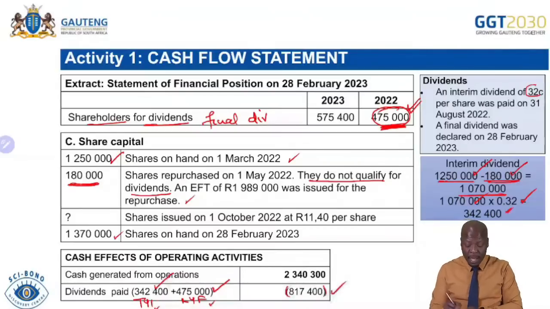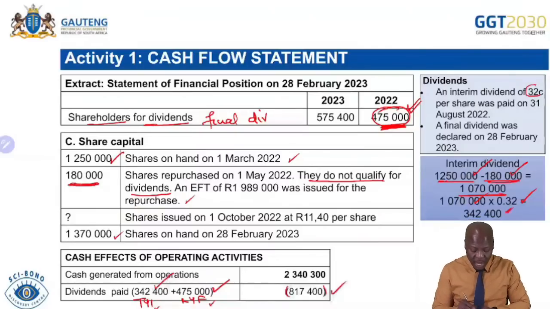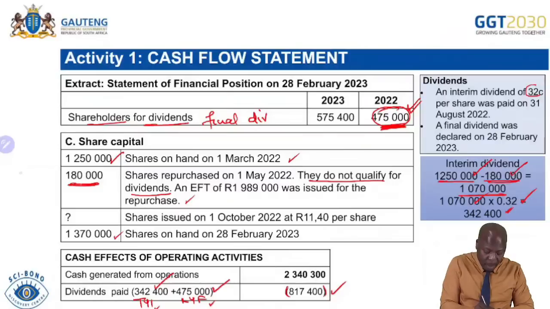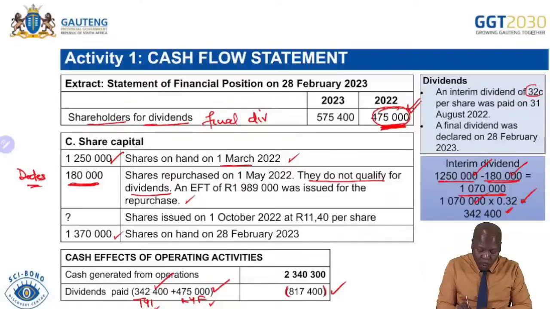Very important aspect, that when you're calculating dividends, remember to check the number of shares. And dates are very important because you have 1,250,000 on 1 March, that is the beginning. And then you repurchase shares in May.